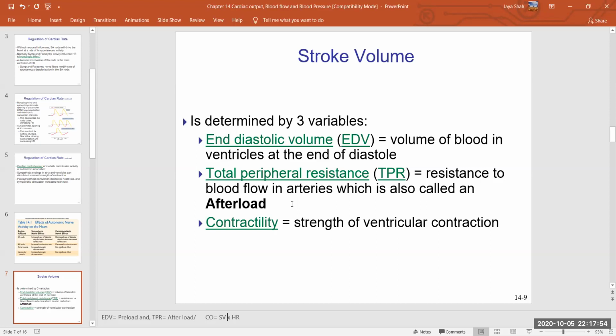And that is called total peripheral resistance, which is called afterload too, because afterload is the tension in the wall of blood vessels outside the heart. Contractility is the strength of ventricular contraction, means how forcefully the ventricle can contract. So these are the 3 variables which determine stroke volume.